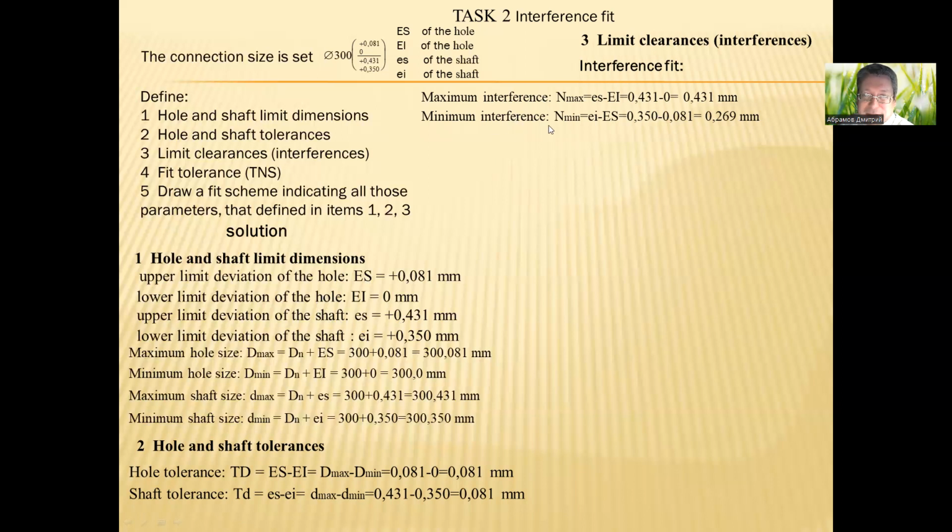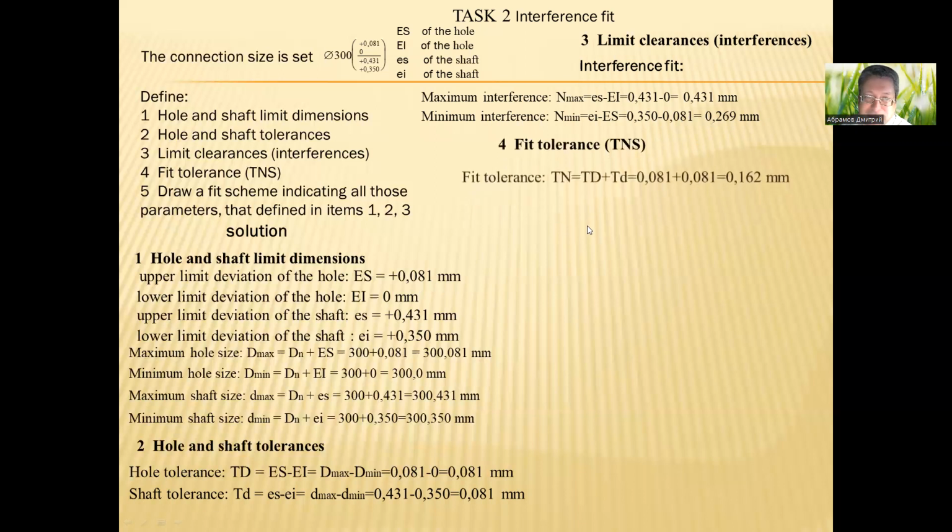Minimum interference, n minimum, is equal to the lower limit deviation of the shaft minus the upper limit deviation of the hole. Small ei is equal to plus 0.350 minus big ES, plus 0.081 millimeters, and it's equal to 0.269 millimeters.